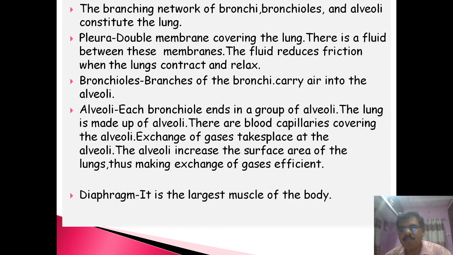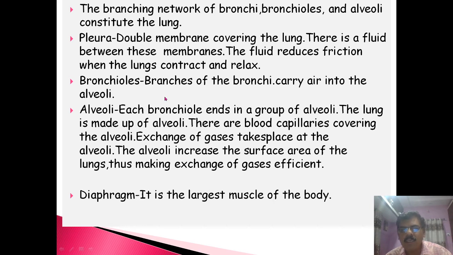The branching network of bronchi, bronchioles and alveoli forms the lungs. The pleura is a double membrane covering the lung, and there is a fluid between these membranes. This fluid reduces the friction when the lungs contract and relax.